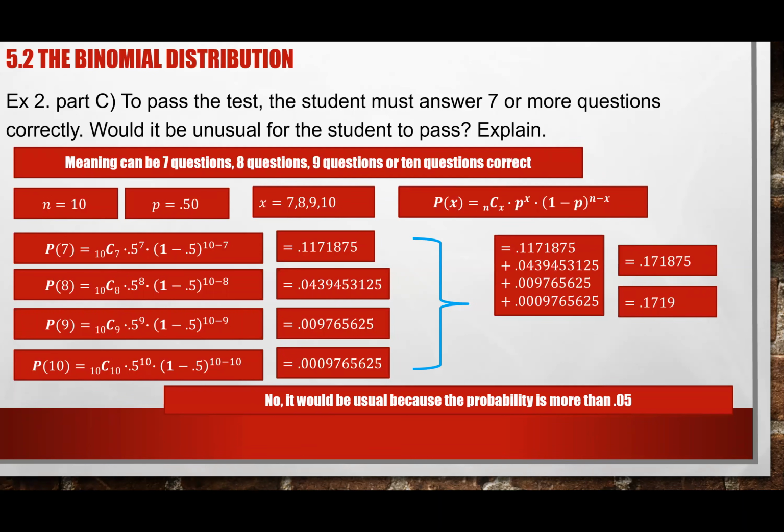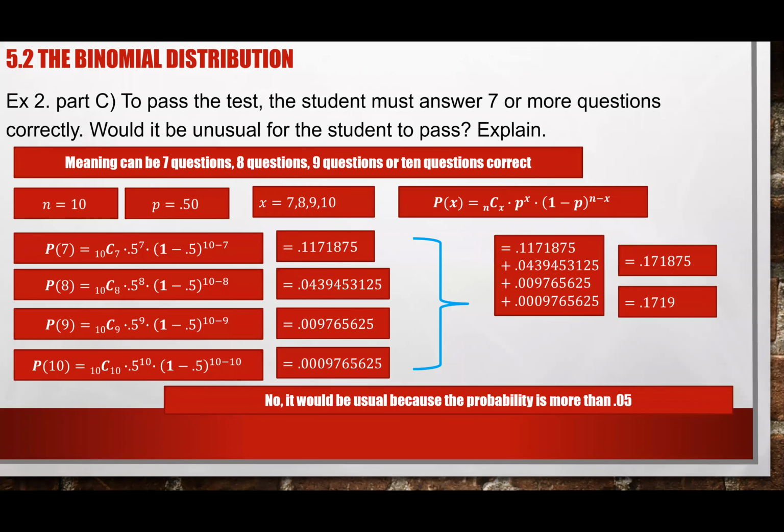This is not unusual, meaning it's usual, because the probability is more than 0.05. So on Connect Math, in part C, you have to click down whether it is unusual or not unusual. This is not unusual, therefore it is usual.